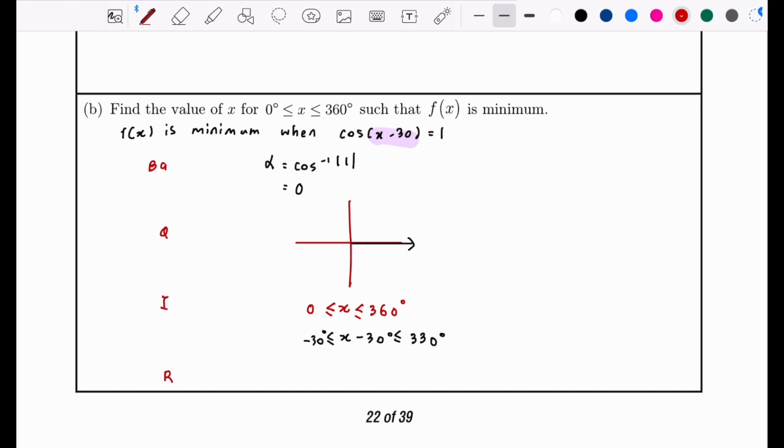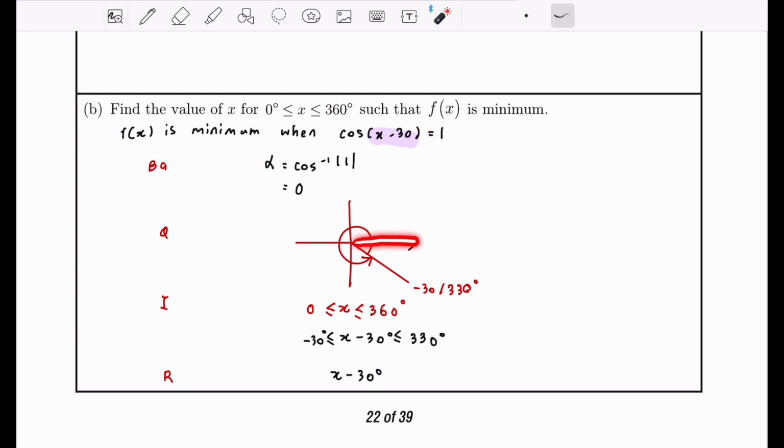As for the last step, rotation, it will start from negative 30 and it will rotate up to 330. And we can see here, we have only one solution, which is at the positive x-axis. So at the positive x-axis, the angle is 0. Hence, our x equal to 30.